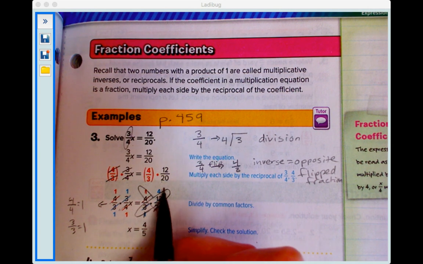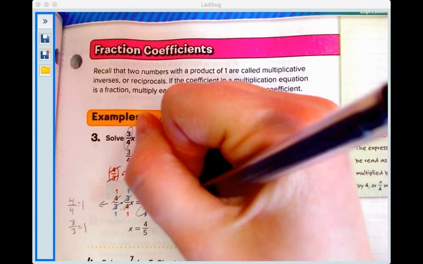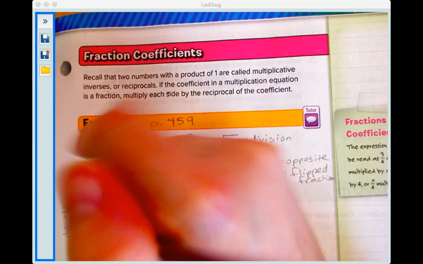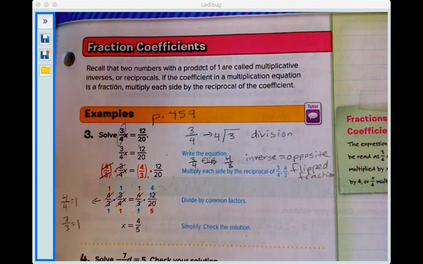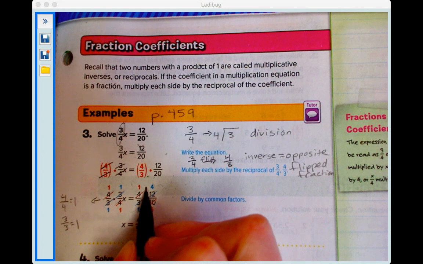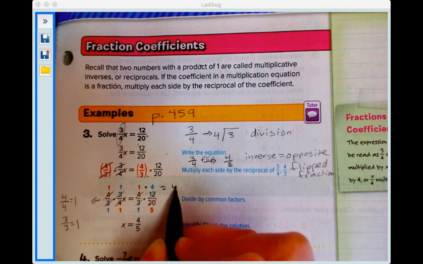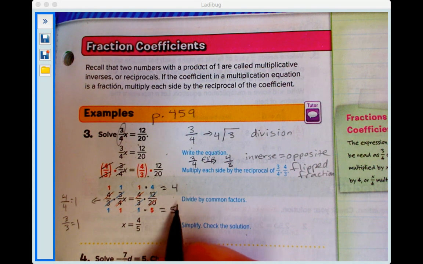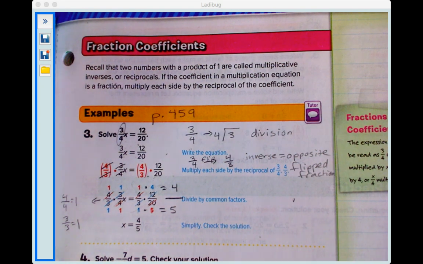You can then multiply right across. It's looking a little messy, so I'm going to erase it so you can see what I'm doing. 1 times 4 equals 4. 1 times 5 equals 5. X equals 4 over 5.